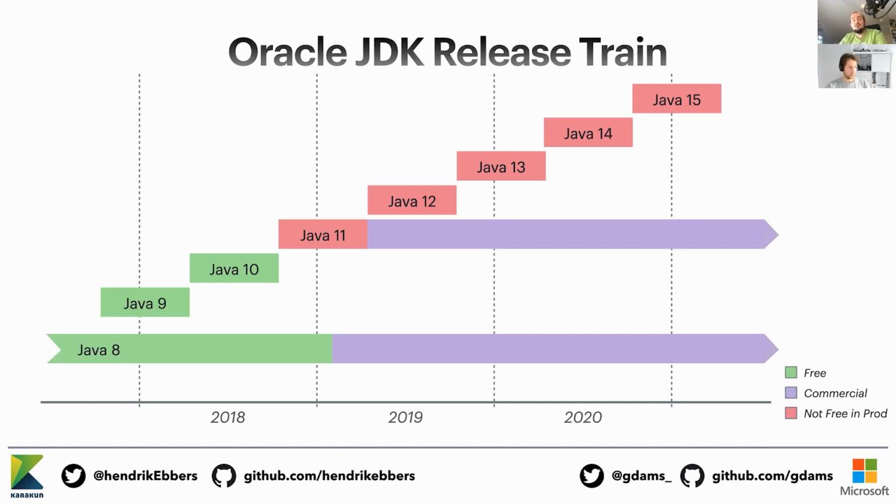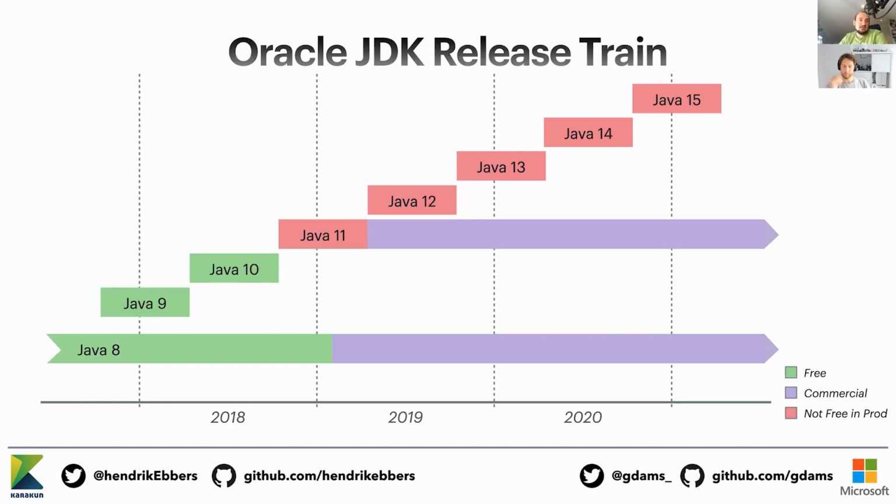Because when talking, for example, about the Oracle JDK that you can download in the Oracle Technical Network, where you downloaded your Java binaries for years for Java 6, 7, 8, and so on, all the binaries that you can download there for Java 8 and Java 11 have changed the license, and you're not allowed anymore to use them in commercial applications without buying support at Oracle.